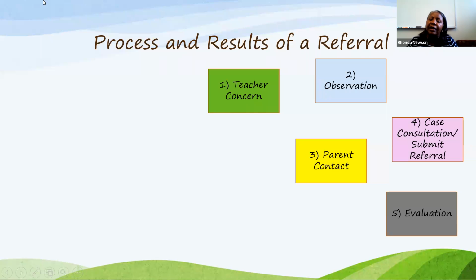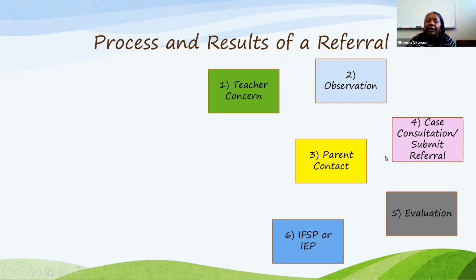The evaluation after the referral has been submitted. The referral is going to be submitted to Early On, which is for children under 3, or to Child Find, which is actually DPS, for children 3 and older. Once Child Find or Early On gets the referral, the child receives an evaluation.